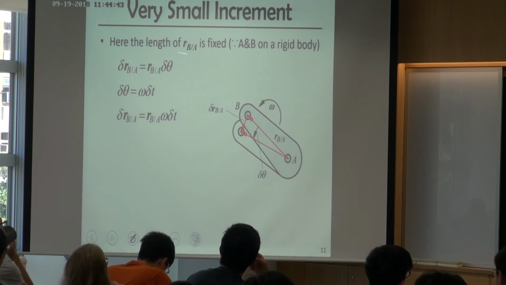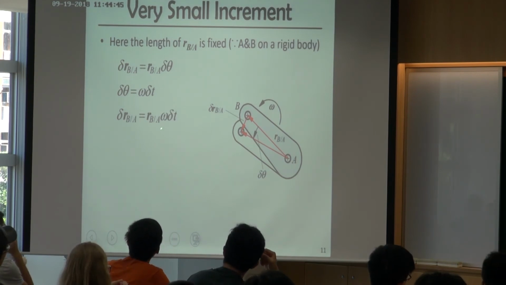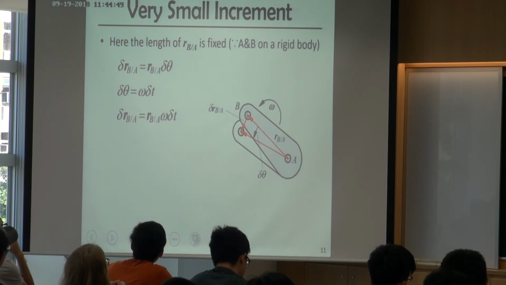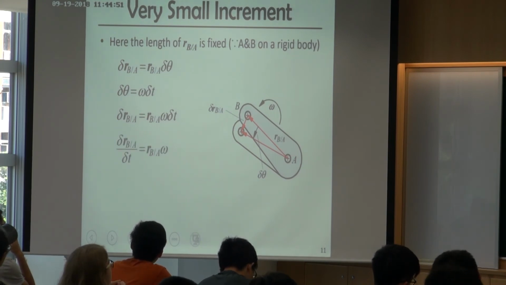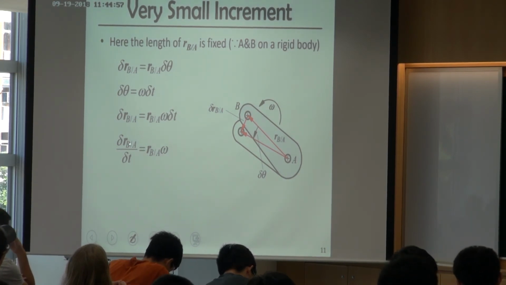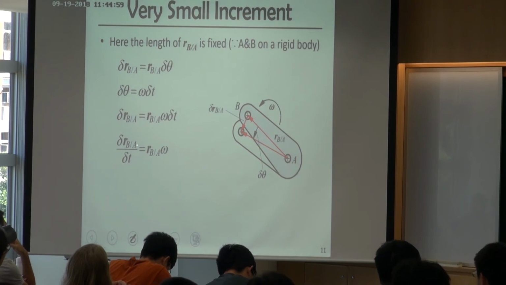So I can rewrite the first equation: delta RBA equals RBA times omega times delta t. I just put the delta t on the left-hand side, so delta RBA over delta t equals RBA times omega.